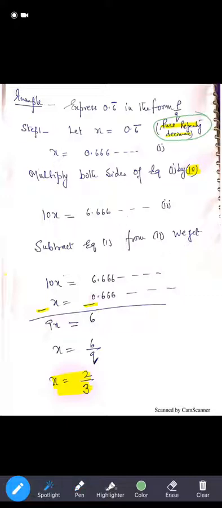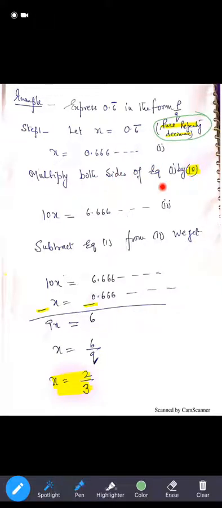So x is equal to 0.66 and so on. Now we have to shift the decimal one place. Why? Because only one digit is repeating, and to shift one place we multiply by 10.